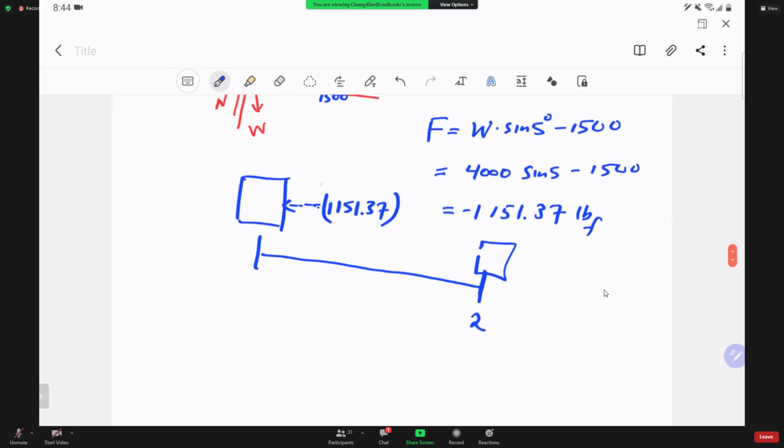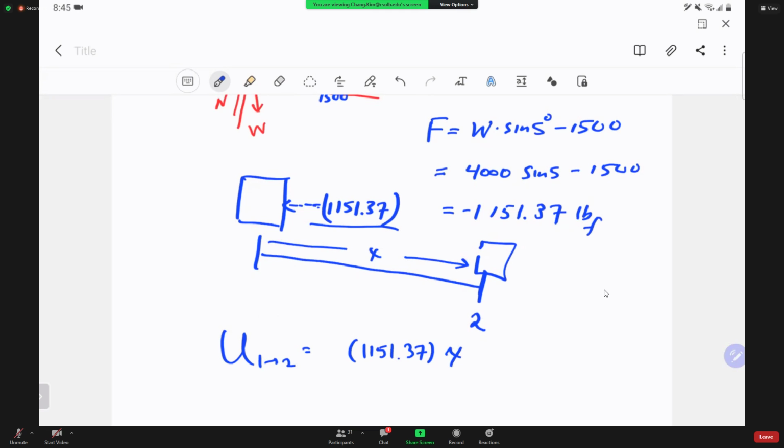So the amount of work done by this guy is 1151.37 times x, and the distance from here to here is x.